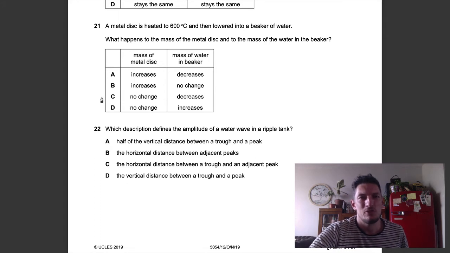So assuming it doesn't react with the water, I'm going to go with no change. But surely that's going to cause some steam, right? This thing's pretty hot, so putting it in some water, you can imagine some steam will be released. And because some steam will be released, the mass of the water in the beaker should decrease. So I'm going to go with C.